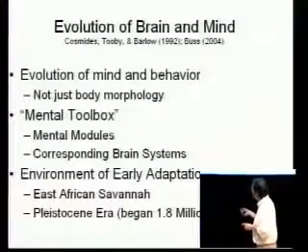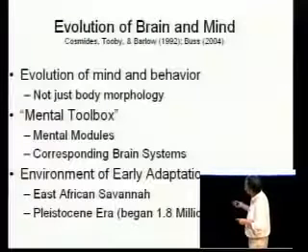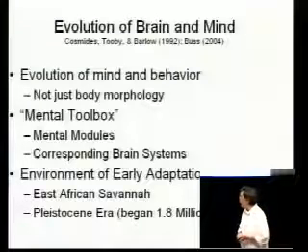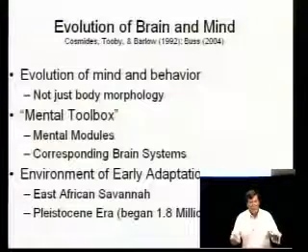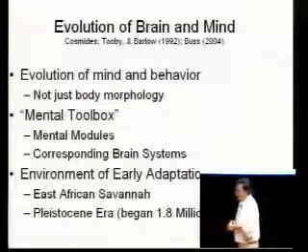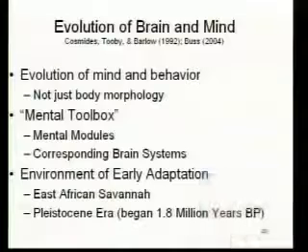Especially, these particular mental structures emerged in what the evolutionary psychologists call the environment of early adaptation. That is, the environment where humans first began to emerge in the East African savanna, beginning almost 2 million years ago. Okay, so that's the general idea behind functional specialization, modularity of the mind consisting of a toolbox of specialized implements, if you will, each of which has been shaped by evolution.